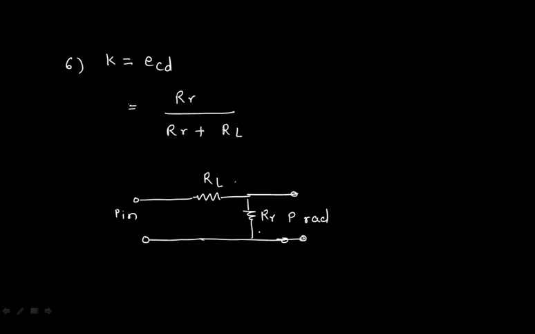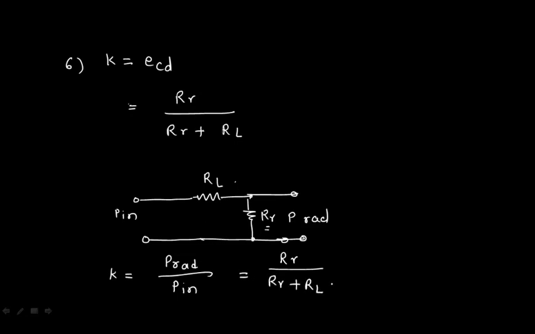This is the loss resistance, and this is the radiation resistance. The efficiency is P radiated divided by P in. P radiated is the power across the radiation resistance, and P in is the total, so this will be RR plus RL.